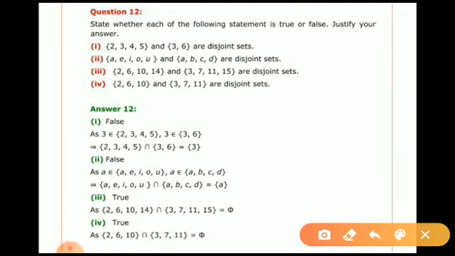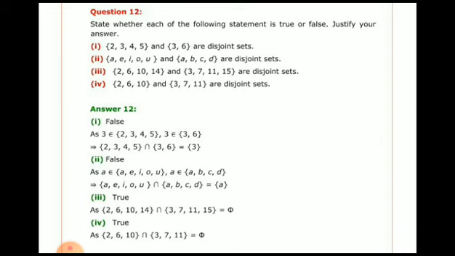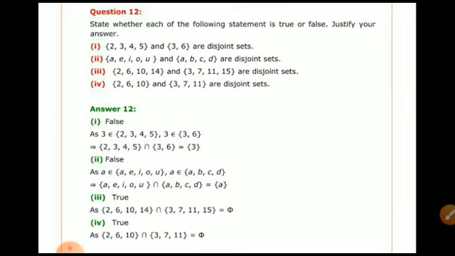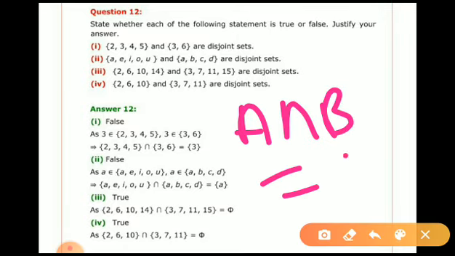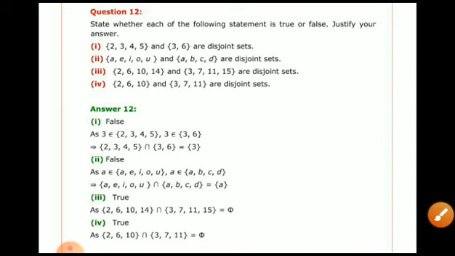Next, state whether each of the following statements is true or false. Justify your answer. You have to check whether the given two sets are disjoint or not. Disjoint means there is no common element between them, that is, if A intersection B is the empty set, then the two sets are disjoint.